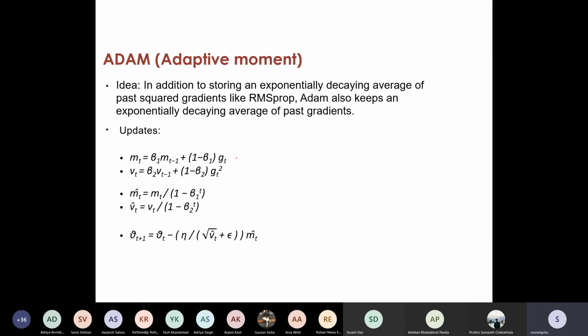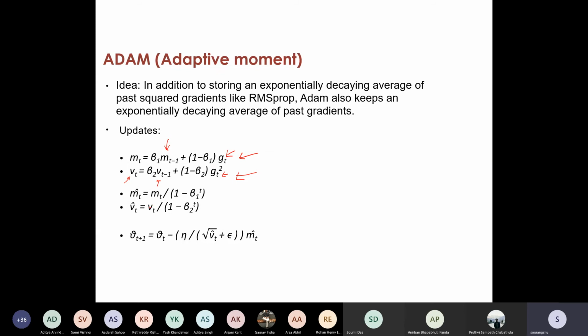So it basically maintains both the gradient and the moment. It uses beta 1 and beta 2 as these momentum coefficients. So how much are you going to take the previous gradient direction and also the previous moment direction, and then combine it with the current moment direction and current gradient direction.